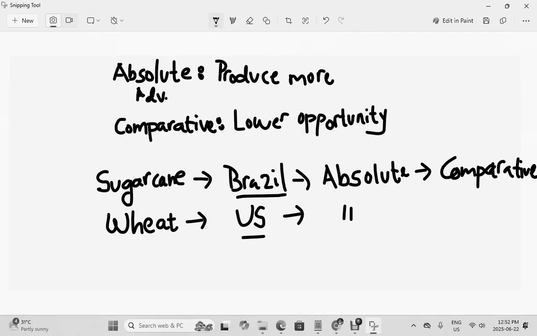On the other side, the US has a comparative advantage over Brazil in wheat production, because they're able to allocate as much land as they want for wheat without having a shortage of land for other commodities and grain products.